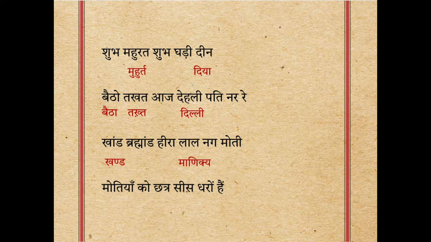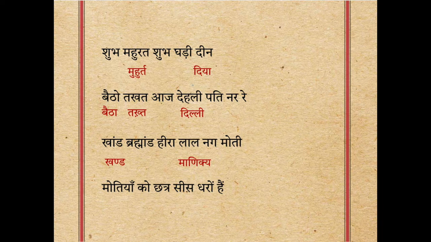And so we have here a diamond, a ruby, a gem, a pearl in the whole world. And so in this line, Tansen is praising Emperor Akbar, his patron, by calling him the diamond, the ruby, the gem, the pearl of or in the whole world or all of existence.